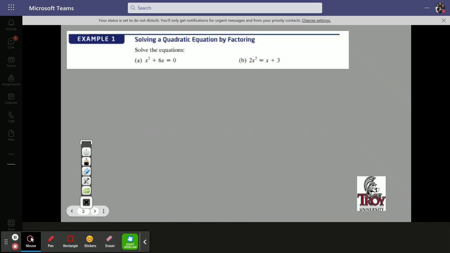There you are. All right, we've got x squared plus 6x.